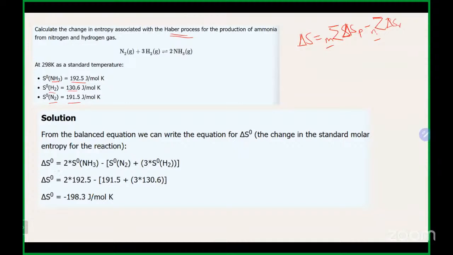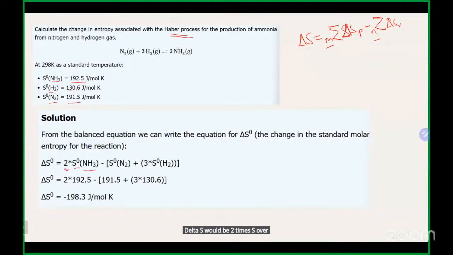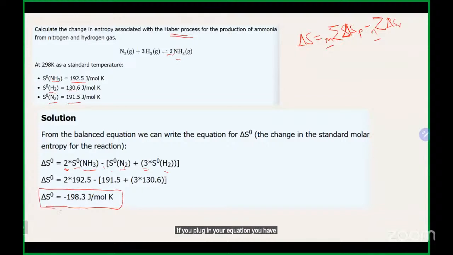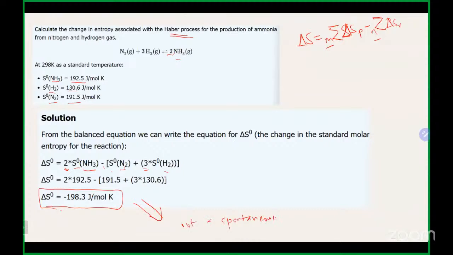So for example, delta S will be 2 times S of ammonia because you have 2 moles of ammonia, minus the sum of that of N2 and H2 times 3. If you plug in your equation, you have minus. So we see that this is not a spontaneous process. If you want to look at economics of things and your process is not spontaneous, there are other conditions that you consider.